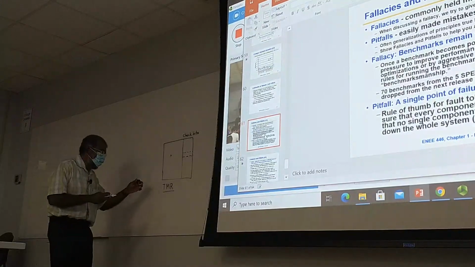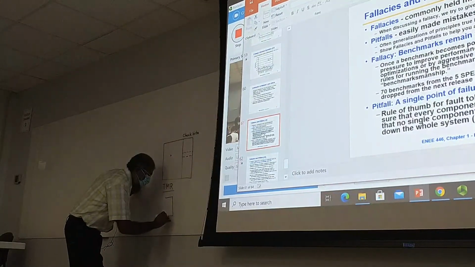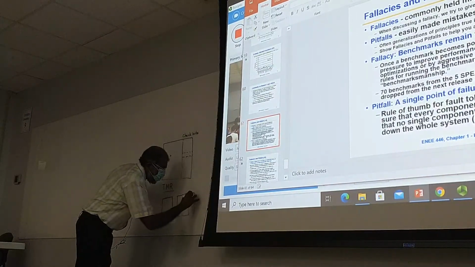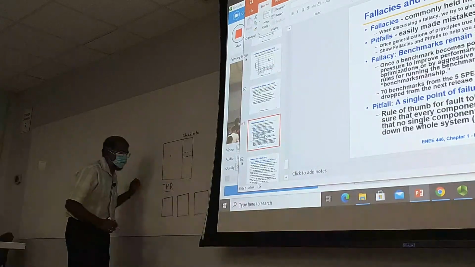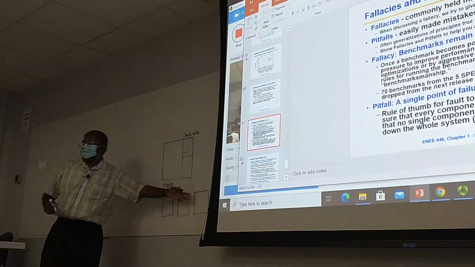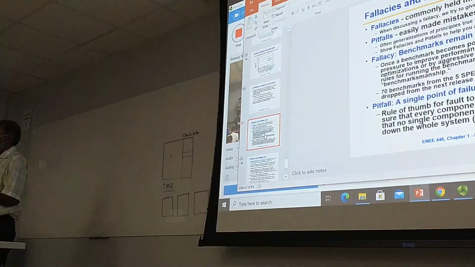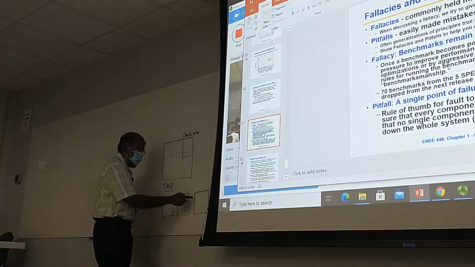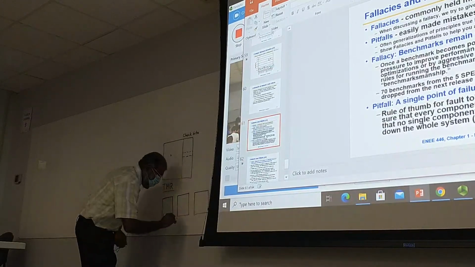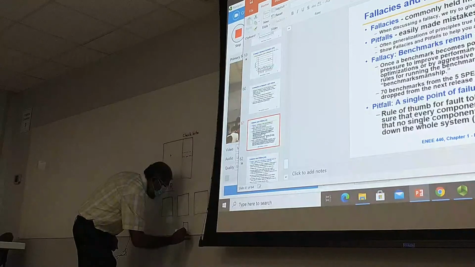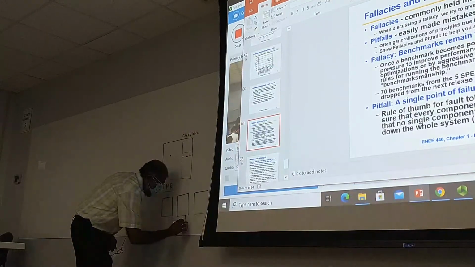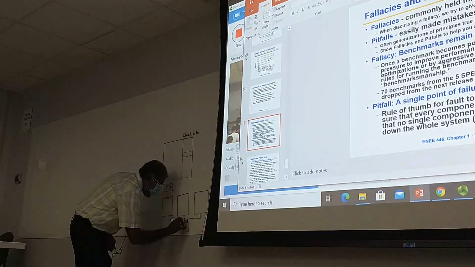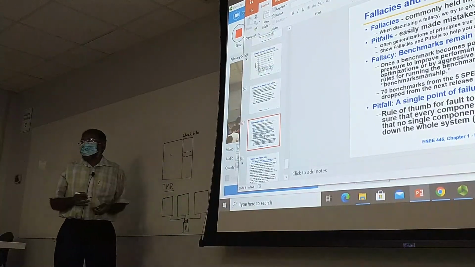So triple modular redundancy means make everything 3 times. So if you're using some computer, make 3 of those, and do computation separately in 3, and then use a voter. So these 3 will give their results, and the voter will just do a majority vote.